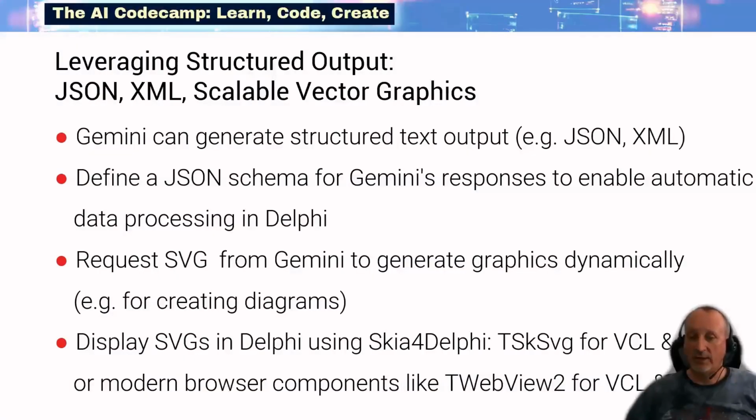Or we can request an SVG from Gemini to generate graphics dynamically, for example, for creating diagrams. To display these diagrams, we can use Skia for Delphi, or we can use a modern browser like Edge by using TWebView2.